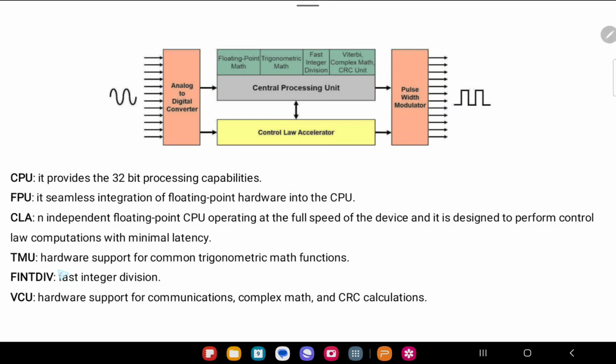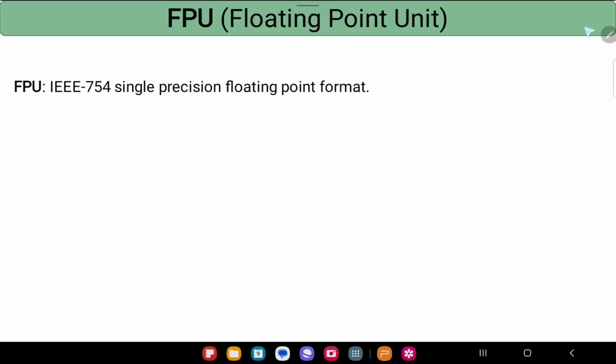There are trigonometric math units that provide hardware support for common trigonometric math functions, fast integer divisions, and the VCU, which provides hardware support for communication, complex math and CRC calculations.